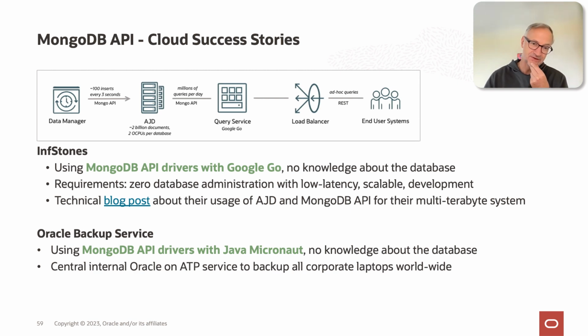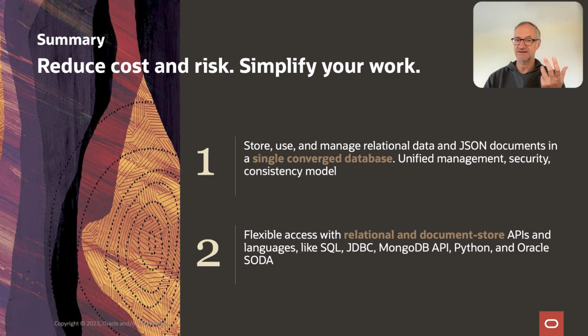The Oracle Backup Service, an internal system that centrally backs up all corporate laptops worldwide, is built on the MongoDB API with Java Micronaut. So providing the JSON and document store capabilities in the database helps you to reduce cost and risk and to simplify your work, right?